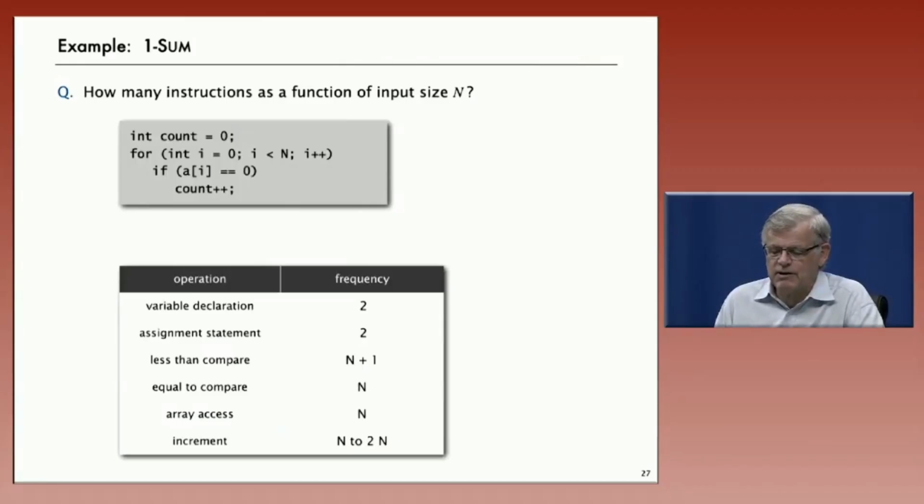And the number of times an increment is executed is variable. i is incremented n times, but count could be incremented any number from 0 to n times. And so that frequency is dependent on the input data. We might need a model for describing that, or maybe there's other operations that are more expensive and we won't need to worry about that.